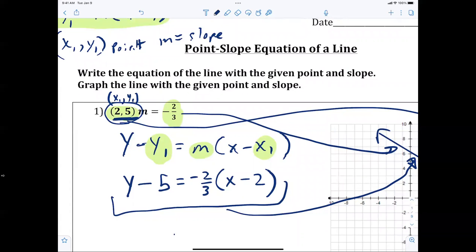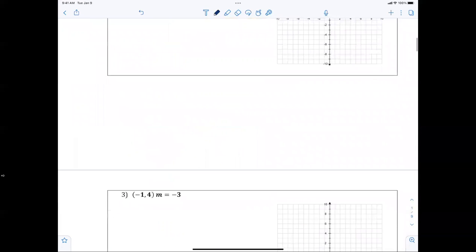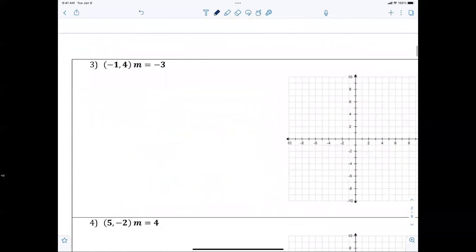So what's your question? I was just asking if this exercise is for the equation. We're learning how to write equations of lines. Pretty soon we're going to learn how to write equations of quadratics. There are so many different things you have to learn how to write the equations of. This is the beginning.